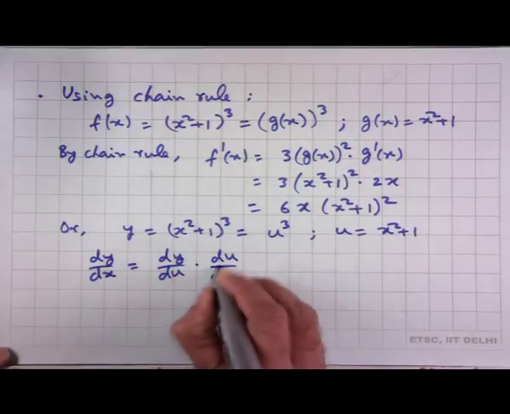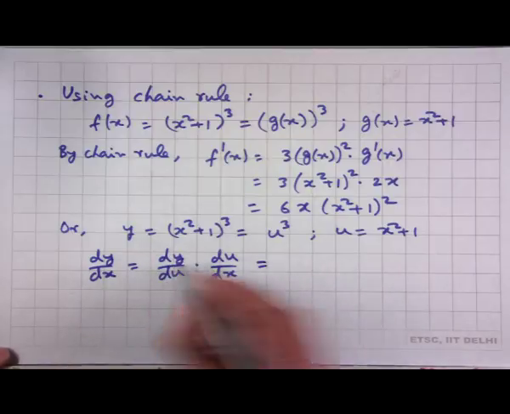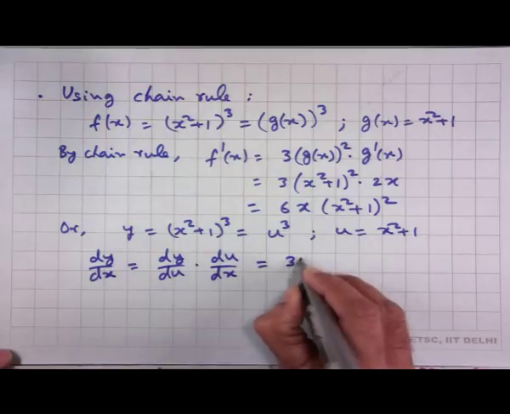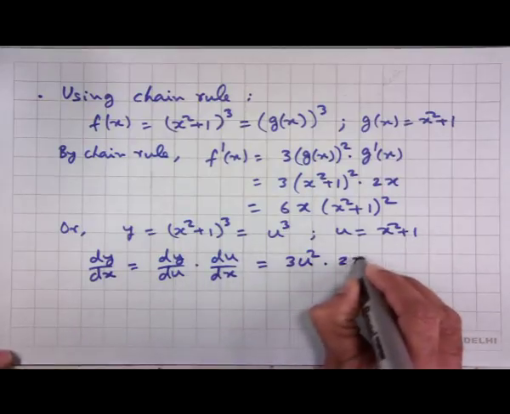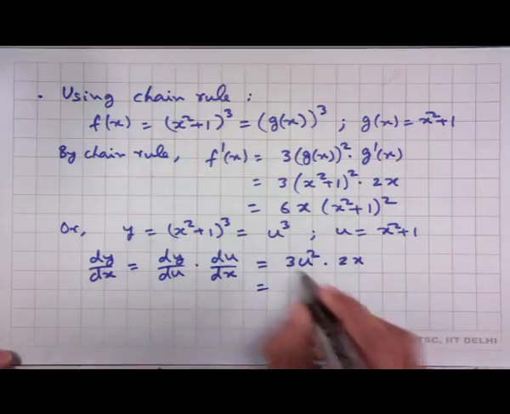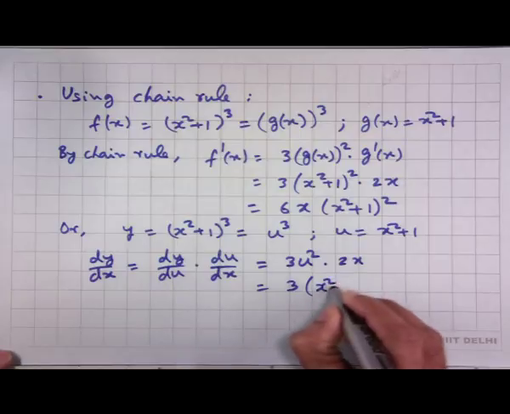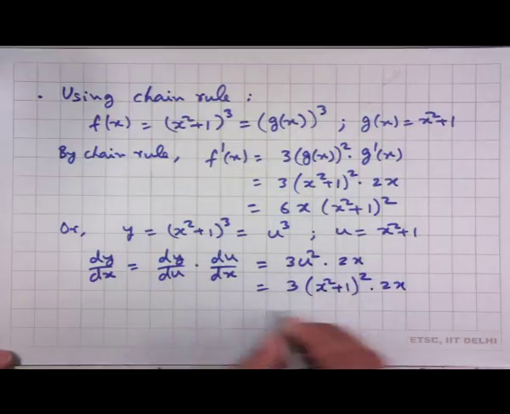Dy by du is the derivative of u cubed, which gives me 3 u square, times du by dx, which gives 2x, and then you have to write everything in terms of x. So this is 3 times x square plus 1 square times 2x.